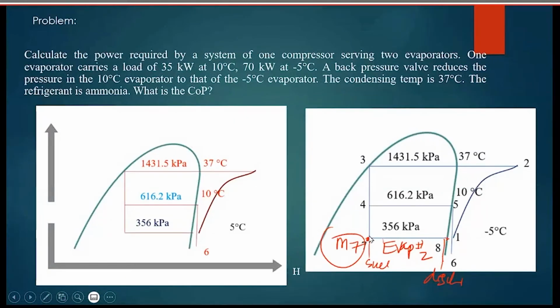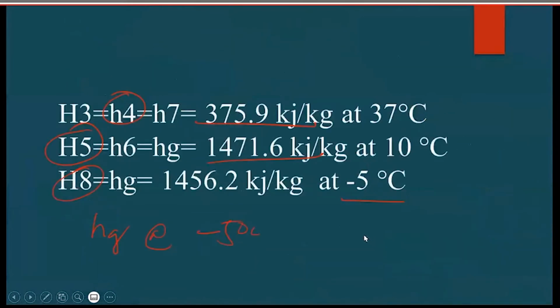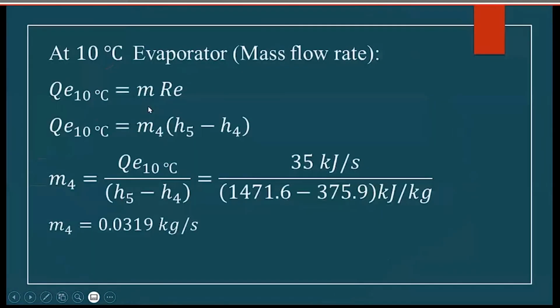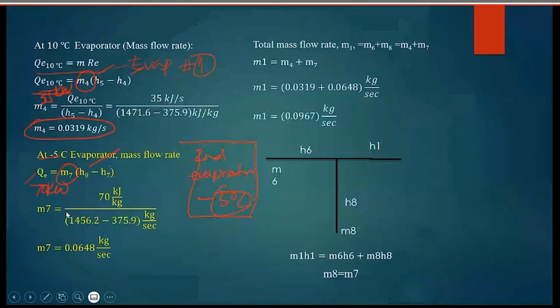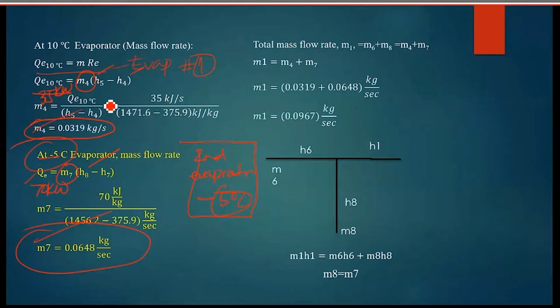H8 minus H7 for evaporator 2. Do we have H7? Yes, here. It's the same as H3, H4 and H7, a constant enthalpy because of the expansion valve. So all we have to do is to plug in. Easily we can get M7, the mass flow rate of refrigerant entering the suction of evaporator number 2, which is at -5. So we can get M7 and M4.